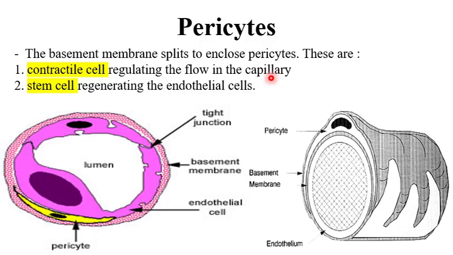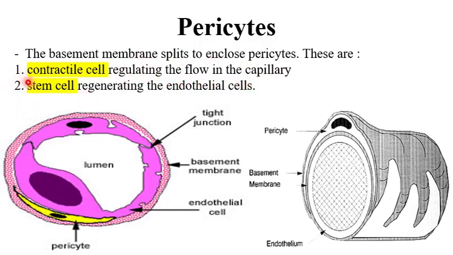So it needs a push to pass through to the other vessel. This push is due to contraction of the pericyte cell in between the two split parts of the basement membrane, so it regulates the flow of the blood in the capillary.